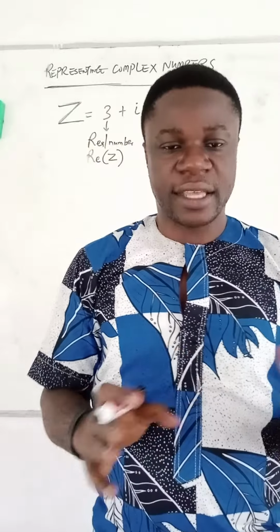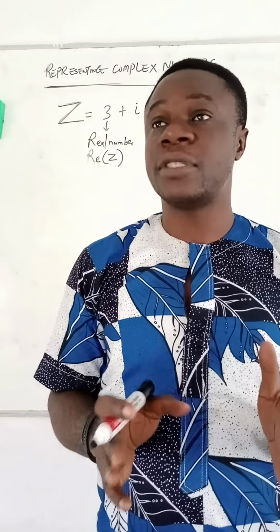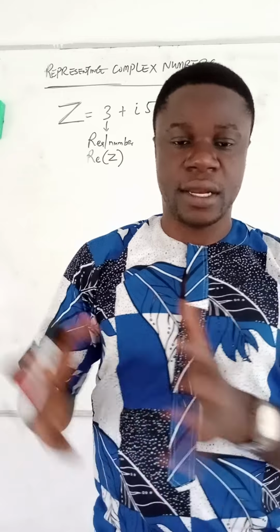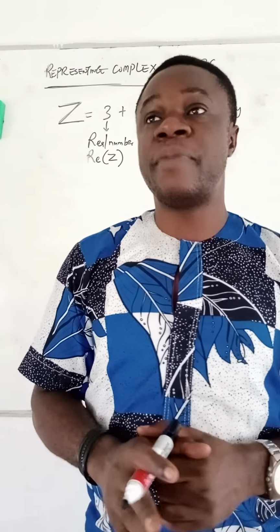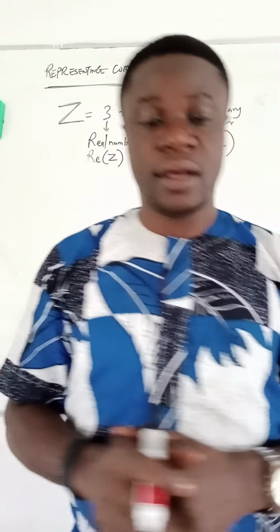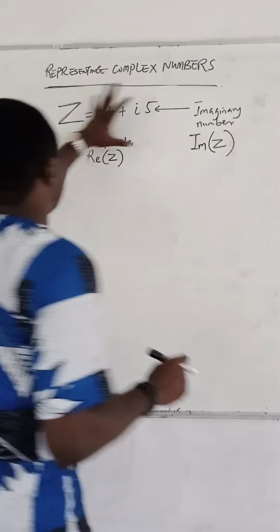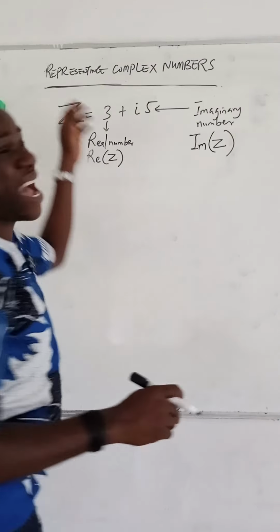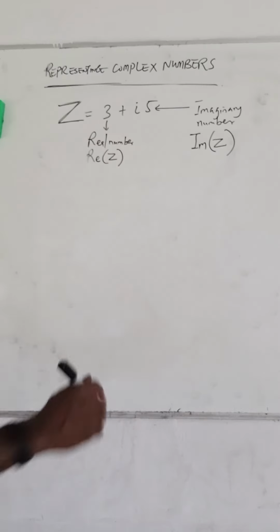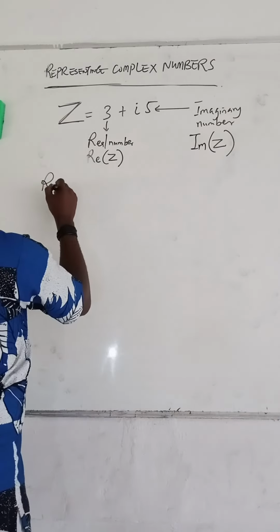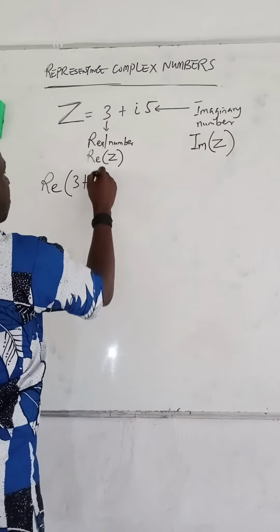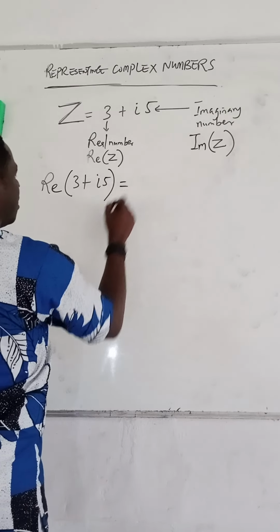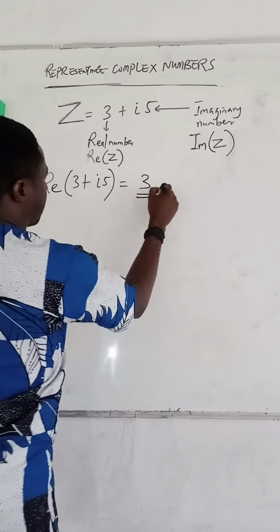Now, it is very clear that a complex number is represented in terms of the real number part and the imaginary number part. Therefore, if you are asked to represent the real number part, you can say the real number part of the complex number, which is represented as this, is equal to 3.